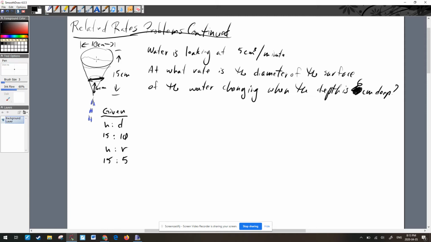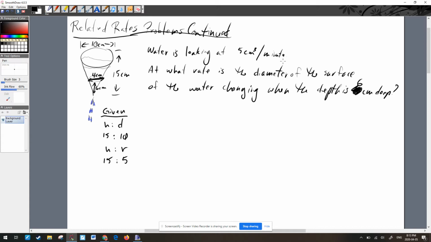Why that's relevant is because this is going to form similar triangles regardless of where you have your depth. So the whole thing has a ratio of 2 to 3. Down here, it would also have a ratio of 2 to 3. The reason I changed this to 6 is that, using that same logic, when the depth here is 6, we know the diameter is 4 centimeters.